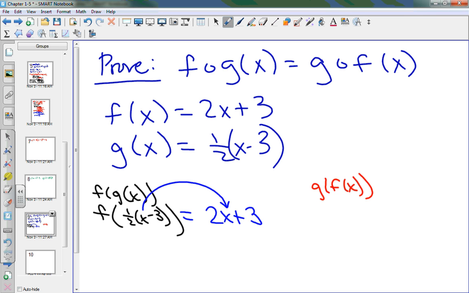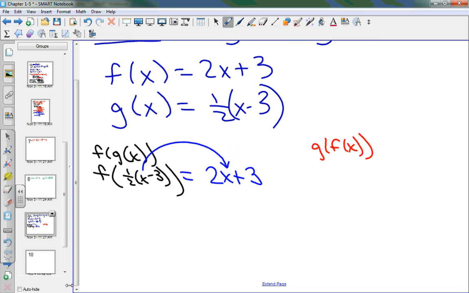Do we all see that? So that's going to be 2, parenthesis, 1/2 times x minus 3, plus 3. My x became the 1/2 times x minus 3.